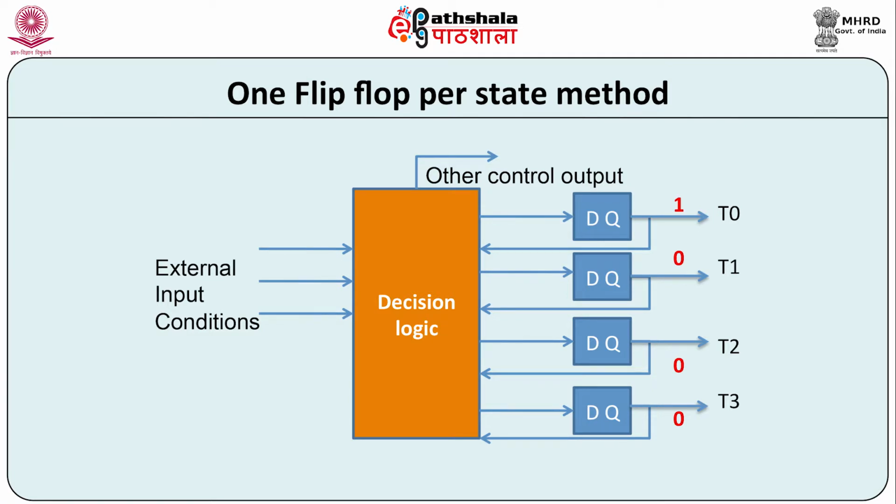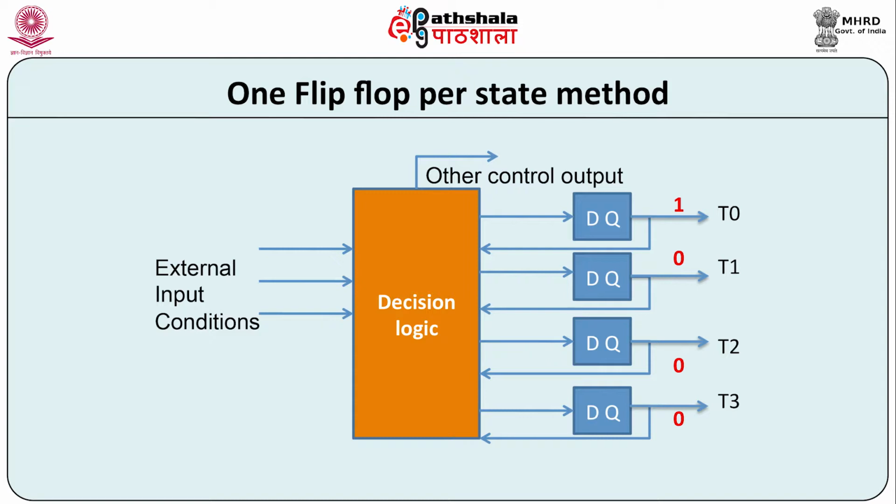At any given instant of time, only one flip-flop is equal to 1 and all other flip-flops are equal to 0. The transition from present state to the next state is a function of present Ti, that is a 1, and certain external input conditions.